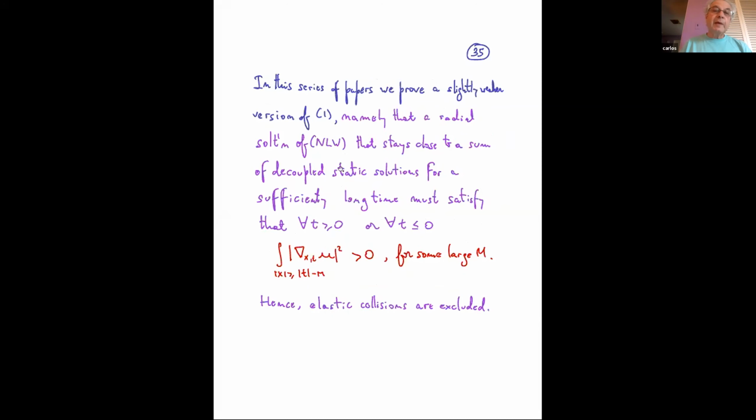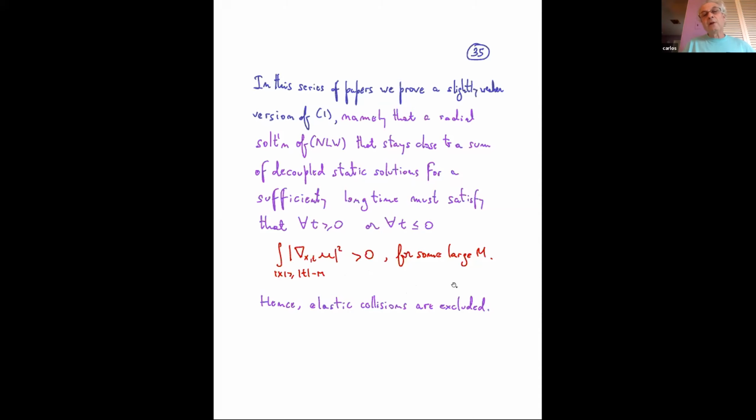In the series of papers, we prove a slightly weaker version of the channel of energy, which says that if you start with a radial solution which stays close to a sum of decoupled static solutions for sufficiently long time, then either for positive time or for negative time, you have a channel of energy with a slight loss by a fixed amount.